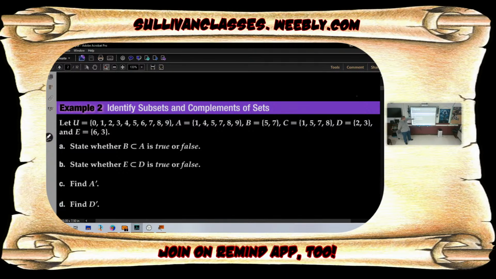So they're going to ask, state whether B contains A is true. Does the set B contain all of that? No. False. Get the rest. Talk it out with your neighbors. Argue.